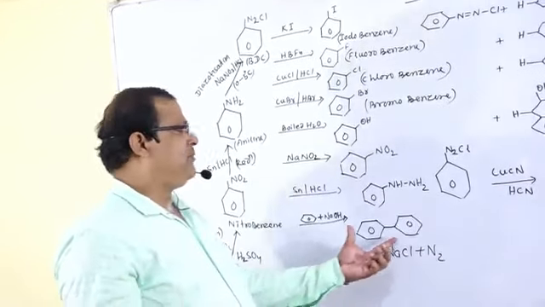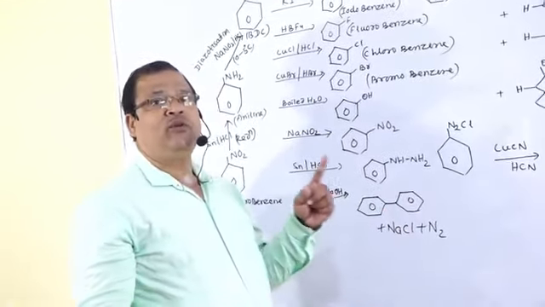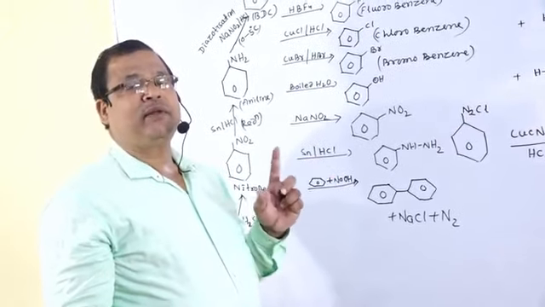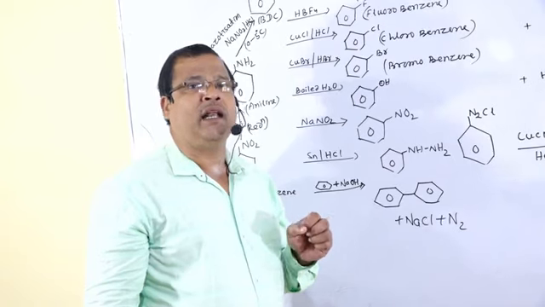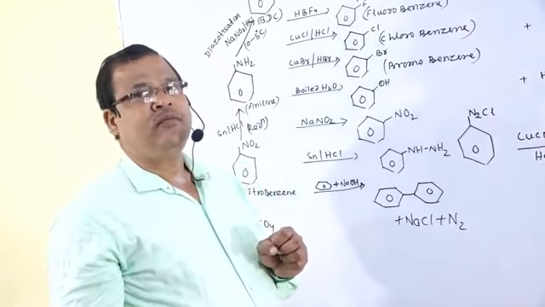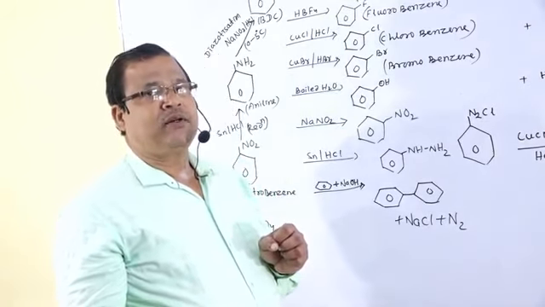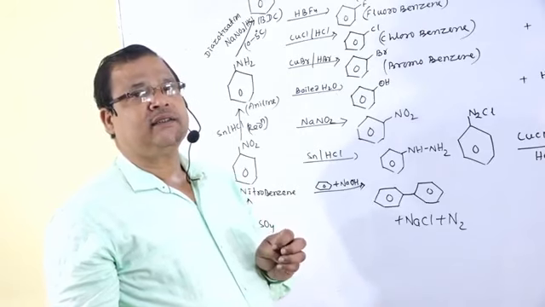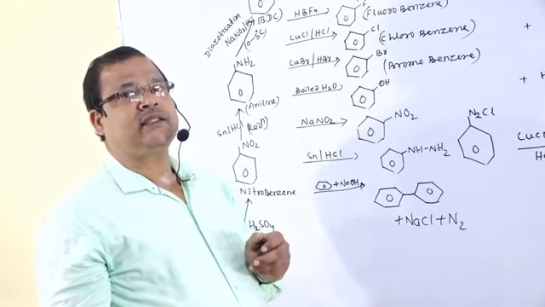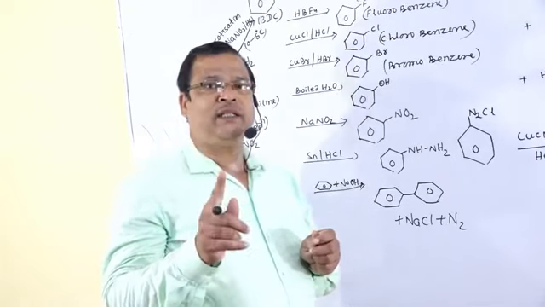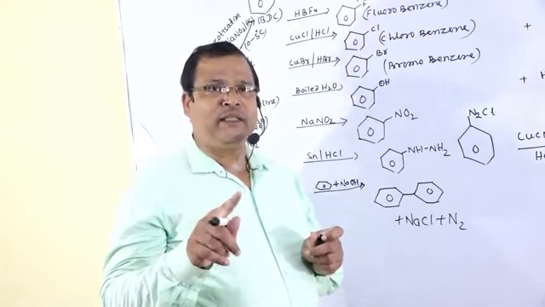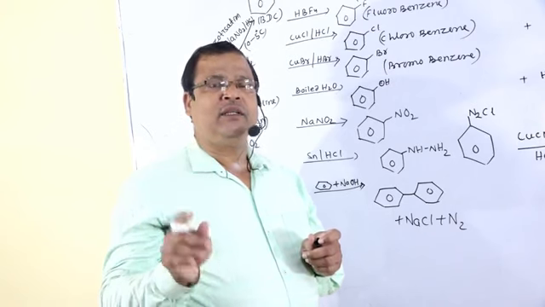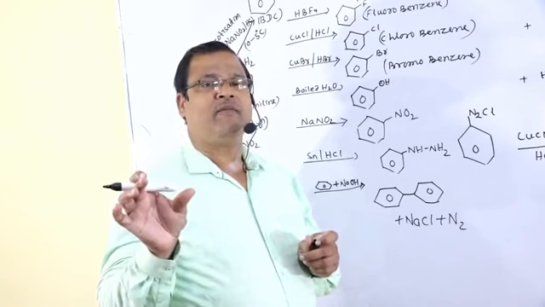So how is biphenyl prepared? Already we have discussed the formation of biphenyl during the alkyl and aryl halide chapter. Remember, what is the Ullmann reaction? When iodobenzene is treated with copper, there is the formation of biphenyl.